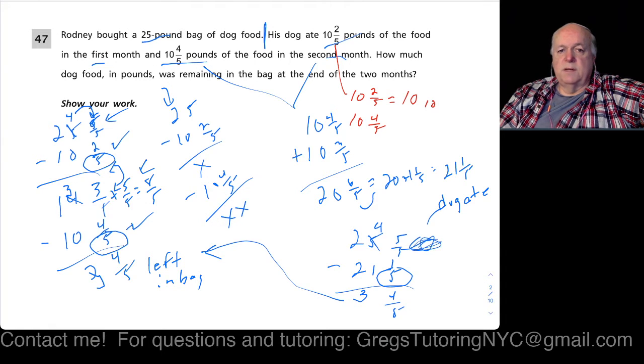That's 4 tenths. And if we do a denominator there, 4/5 is how many tenths? That's 8 tenths. So if we want, we can have 10.4 and 10.8.